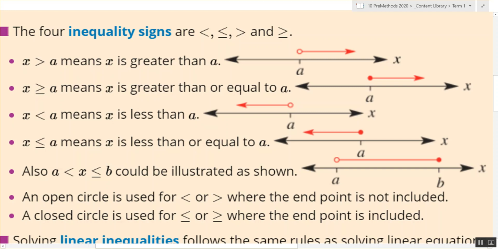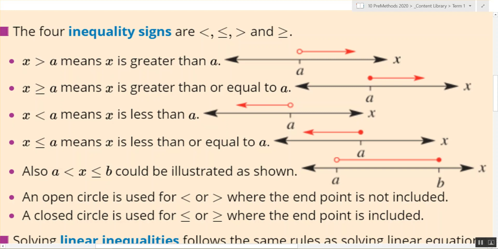So it could be 3.01, that's fine, but it can't be exactly 3, because it's greater than 3. Does that make sense? So open circle, where the 3 is, tells us anything greater than 3 is an x value.